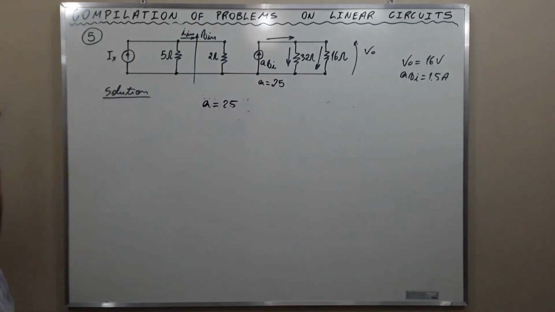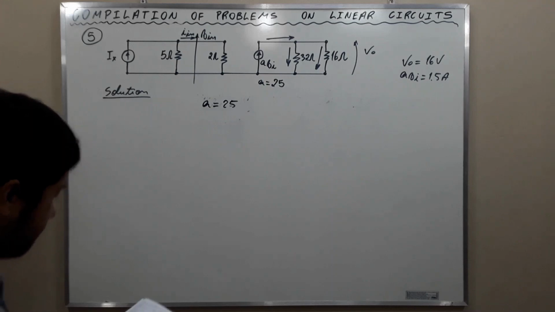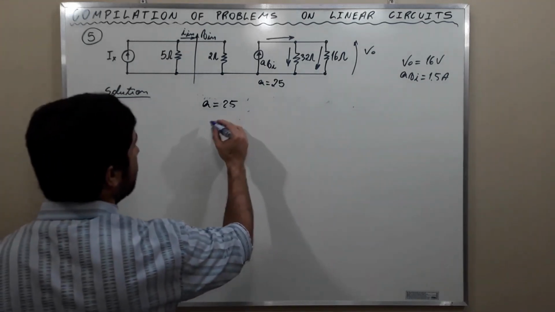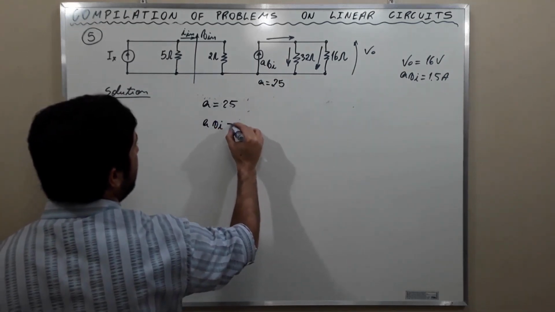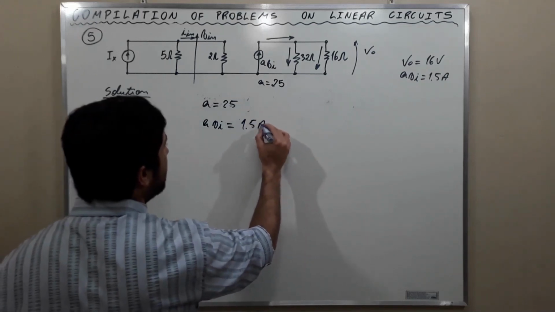The amount of amplification is 25. A times VI is equal to 1.5 amps.